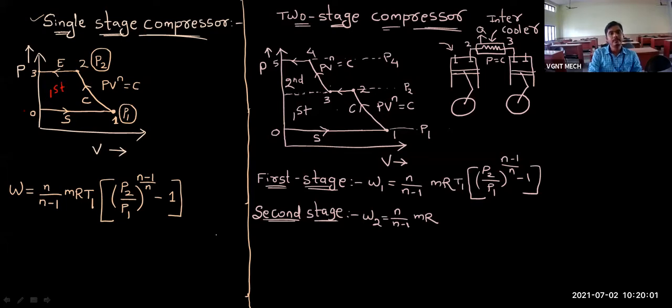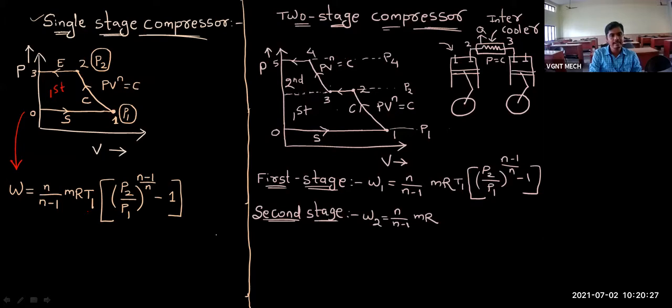And we have written the work done formula. What is the work done formula for a single stage compressor? N divided by n minus 1, m R T1. Why have we written T1? Because in this stage, point 1 to 2 is the compression process, and in this compression process the entrance point is 1.